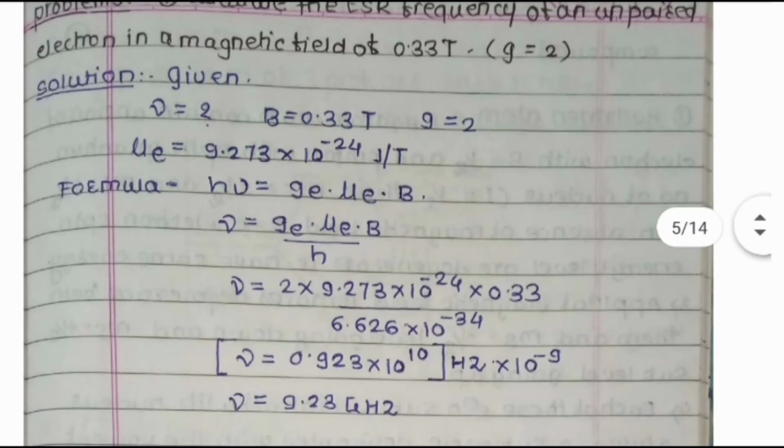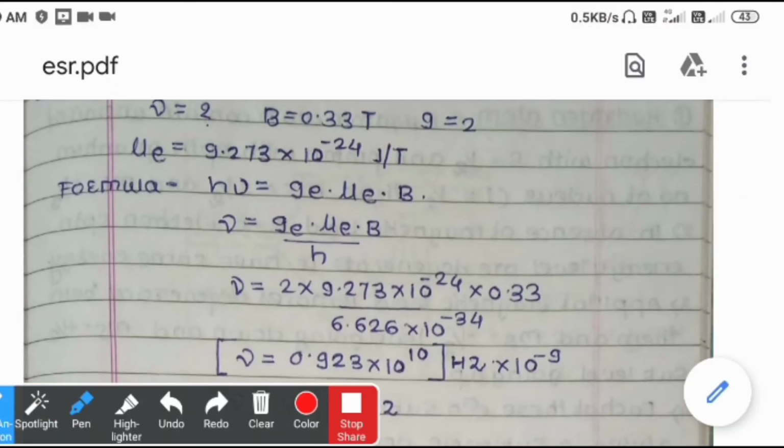We have the formula delta E equals h nu, which is given by g e mu B into B. All these values are given: g is given, mu B is the Bohr magneton for the electron, which we know, and the external field strength is given as 0.33 Tesla. The unit for the Bohr magneton is joules per Tesla.